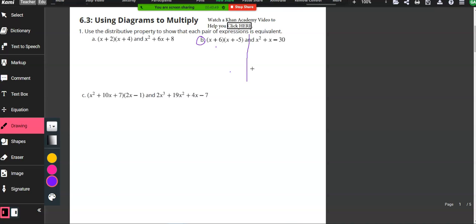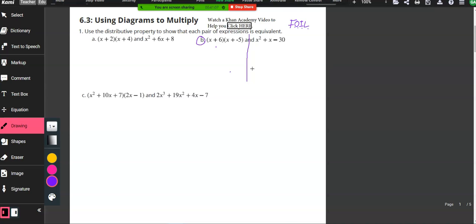So let's check if this side is equal to this side. It says distributive property. There's a couple of ways to multiply binomials. In algebra 1, maybe you heard of something called FOIL.